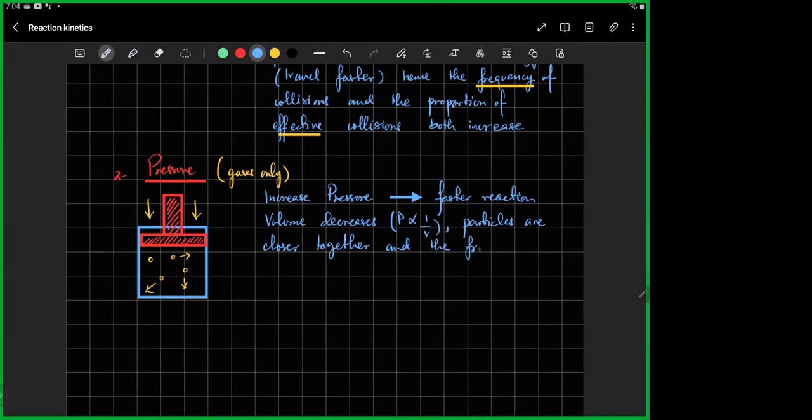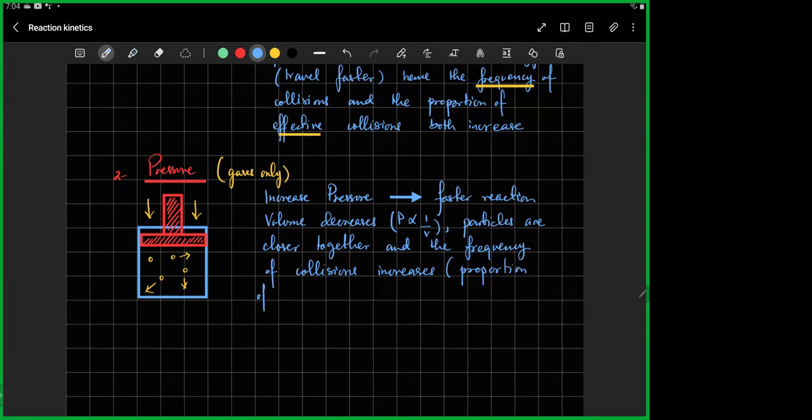So there will be more frequent collisions. The frequency of collision increases, and what happens then? The proportion of effective collisions remains exactly the same. So I'm going to write that in brackets. That's not needed because that's not a factor in this case.